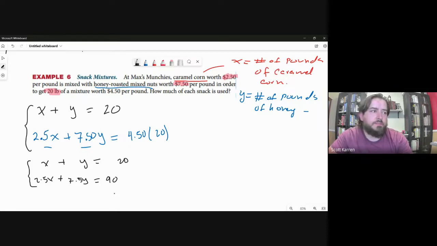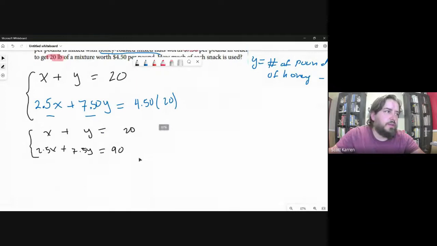And that's my system. Now, graphing this system would probably be ugly, especially with this 2.5 and that 7.5. Using substitution, though, is not terrible because I've got this x and the y in the first equation. I could solve for either one of those and plug it in, right?